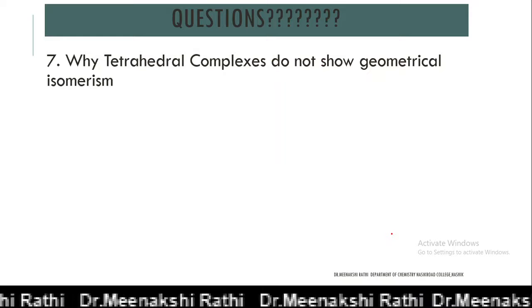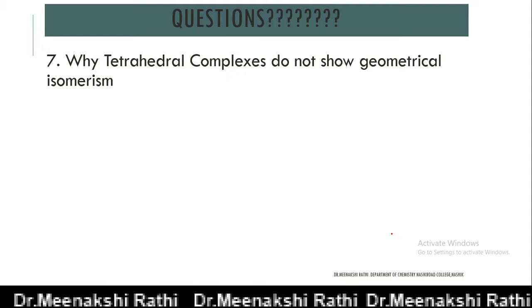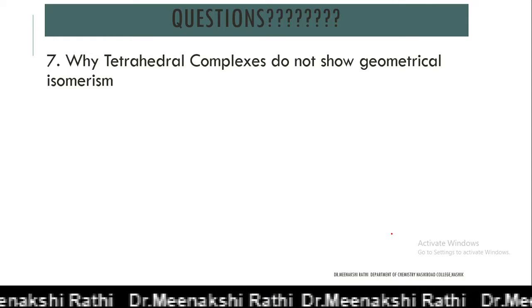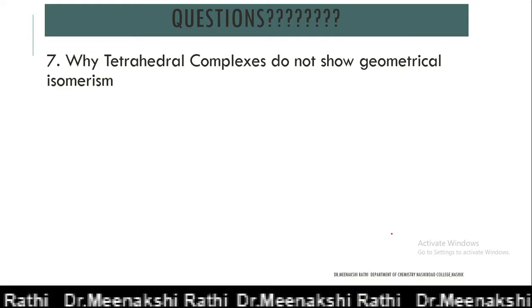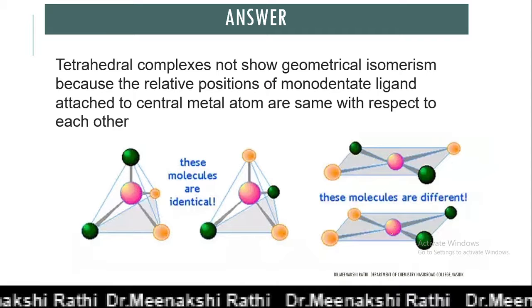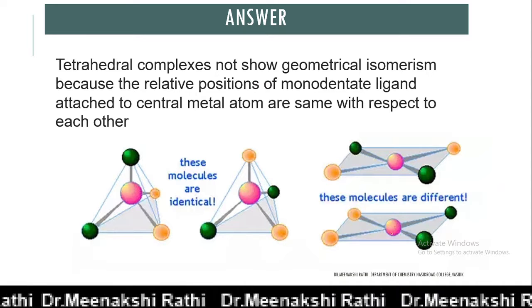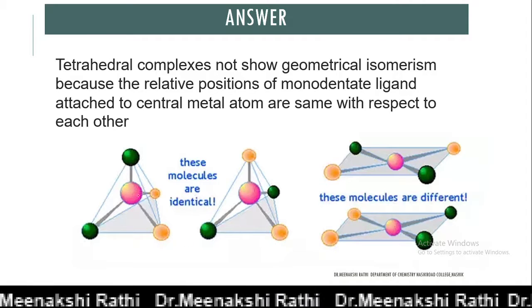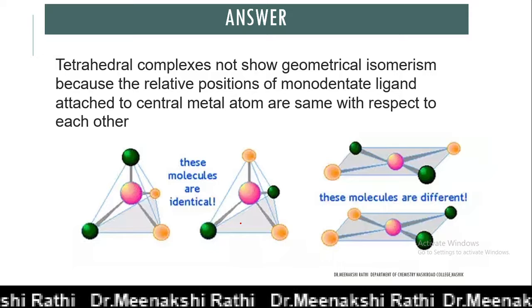Why do tetrahedral complexes not show geometrical isomerism? The reason is, here you can see the shape of the tetrahedral complexes.